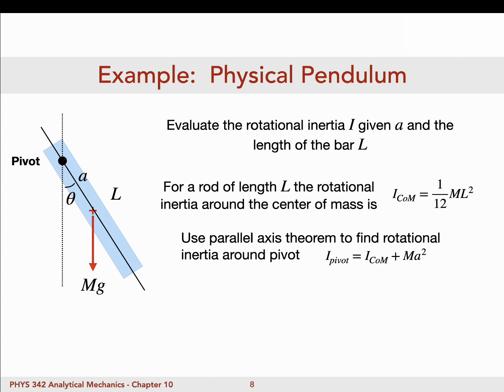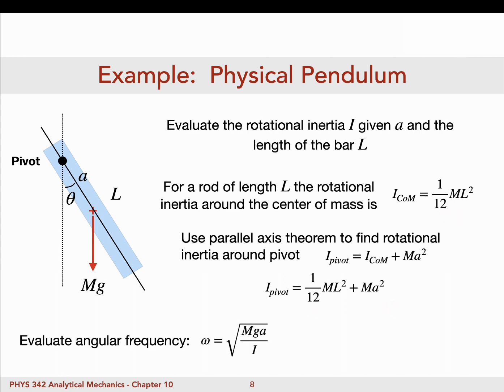And that says that the rotational inertia around any other point other than the center of mass is equal to the rotational inertia through the center of mass plus m a squared, where a is the distance from our point away from the center of mass. So a matches this a. The rotational inertia through our pivot point, then, plugging in 1/12 mL squared, gives you this.